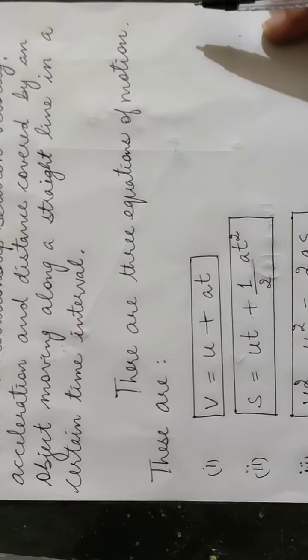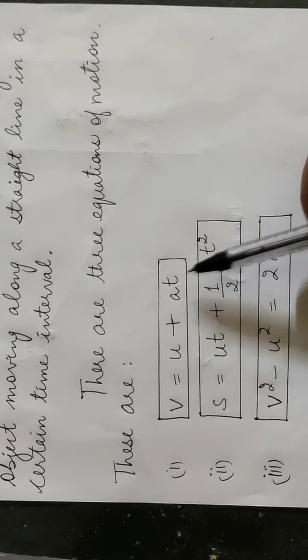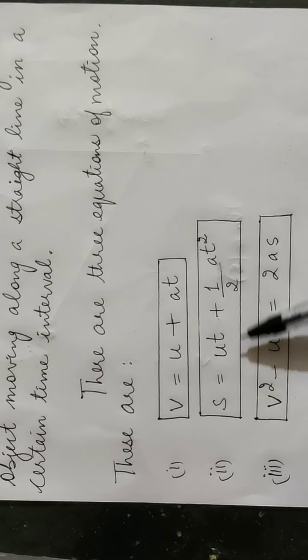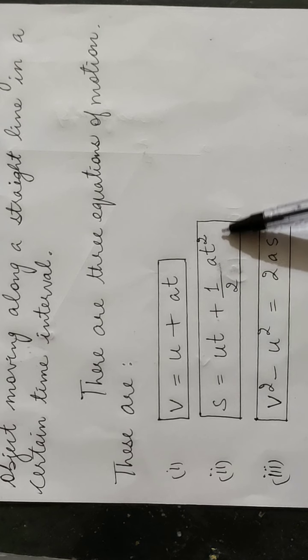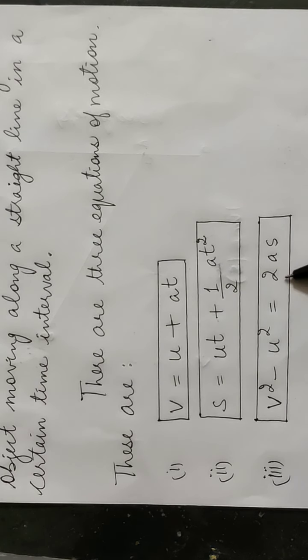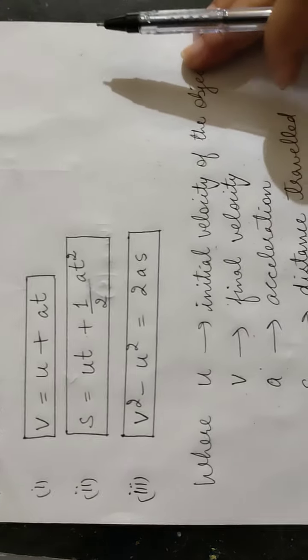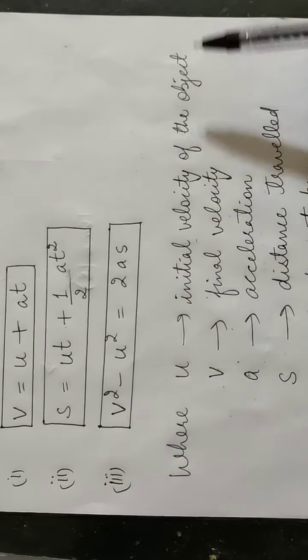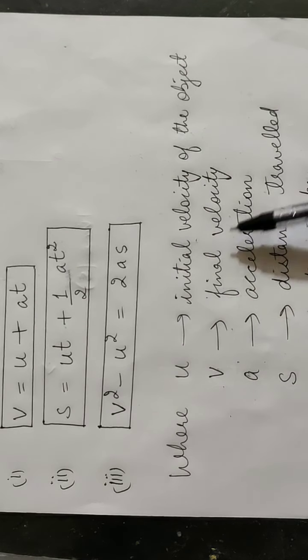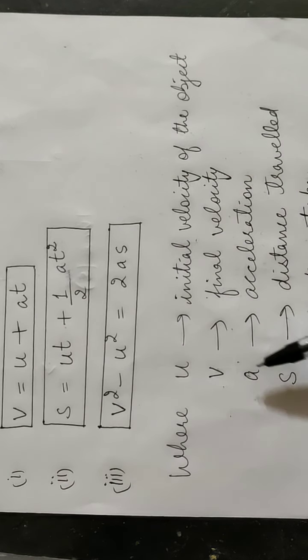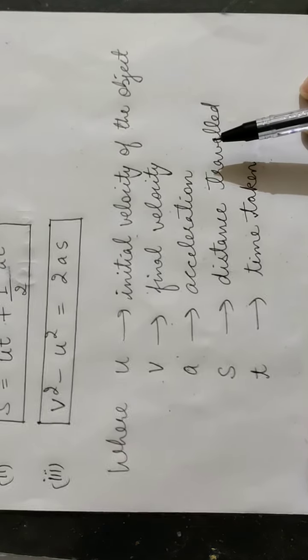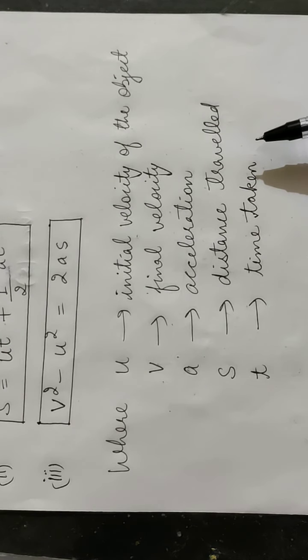These are v is equal to u plus at, s is equal to ut plus half of at square, and v square minus u square is equal to 2as, where u is the initial velocity of the object, v is its final velocity, a is the acceleration, s is the distance traveled, and t is the time taken.